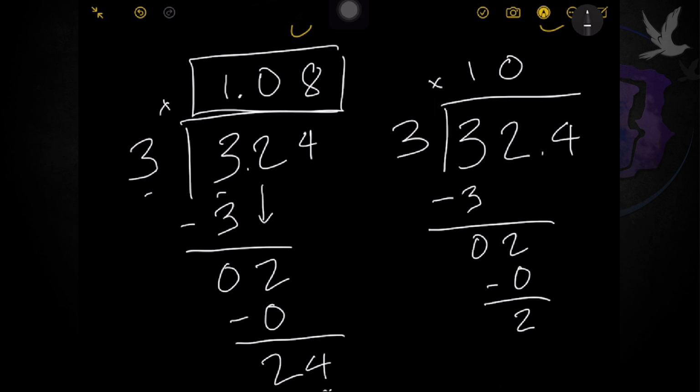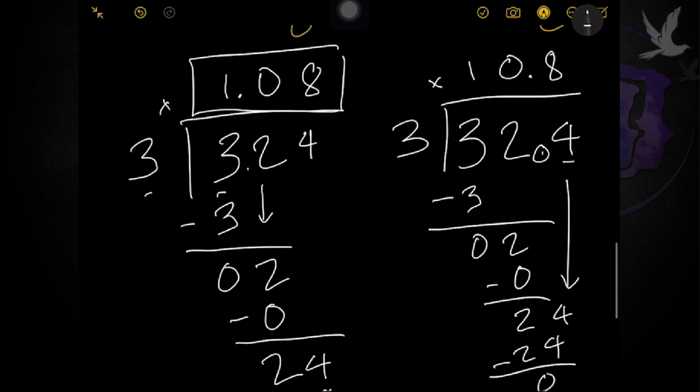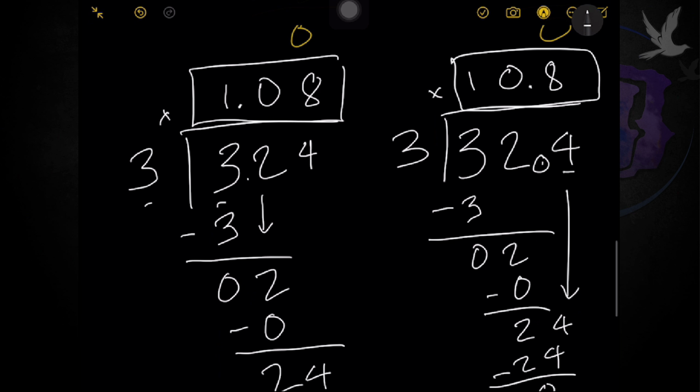Bring down 4. Now, if you notice that 4 is the digit after the decimal, so the moment you're going to bring down 4, you put the decimal in your answer already. Okay, then 24 divided by 3 will give us 8. 8 times 3 will give us 24. 0. So that's how you do division with decimals.